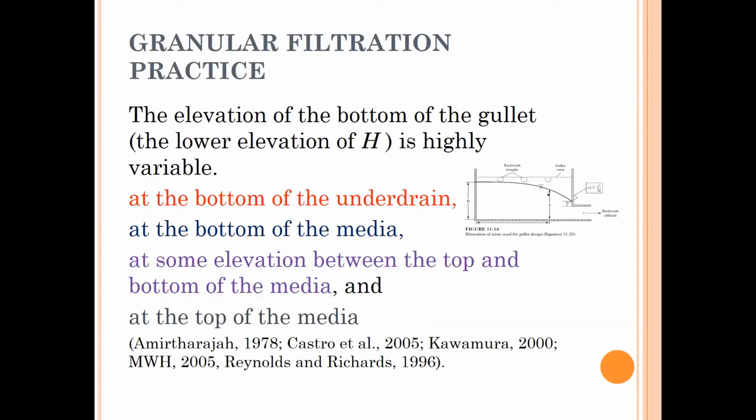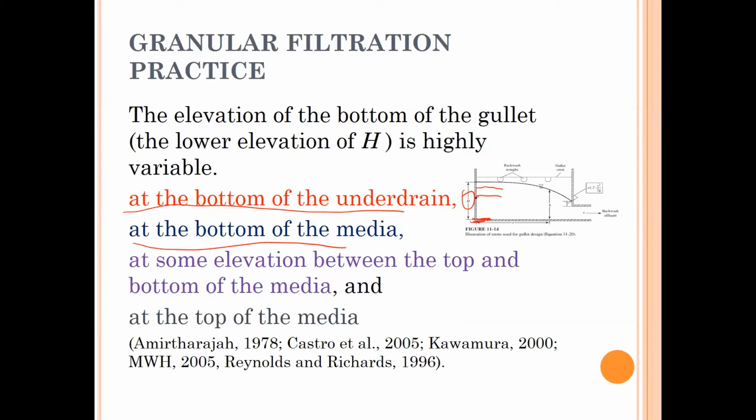The elevation of the bottom of the gullet is variable. It can be here, it can be here. It can be at the bottom of the underdrain. If this is the underdrain, this level can be here. It can be at the bottom of the media.